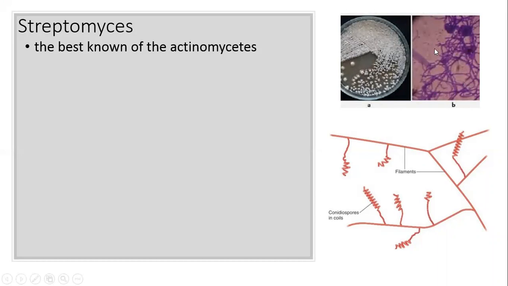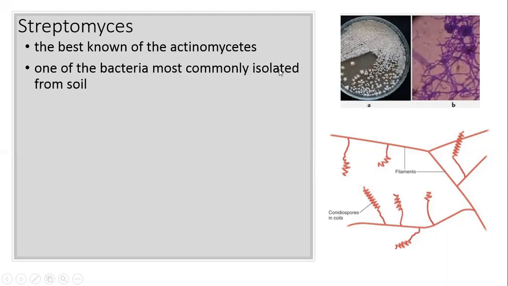They are shown with these filamentous structures, and these are the filaments. And this is how its colonies appear. They are dry, cottony white colonies, and they are one of the most commonly isolated bacterial species from soil.